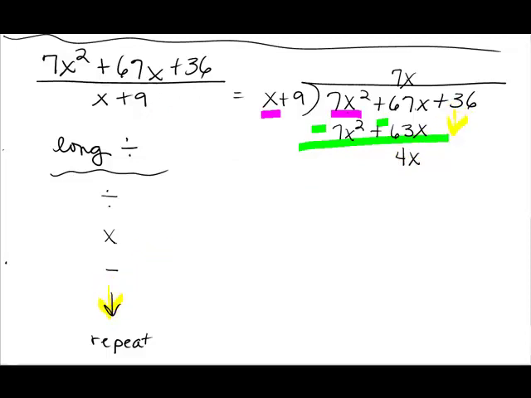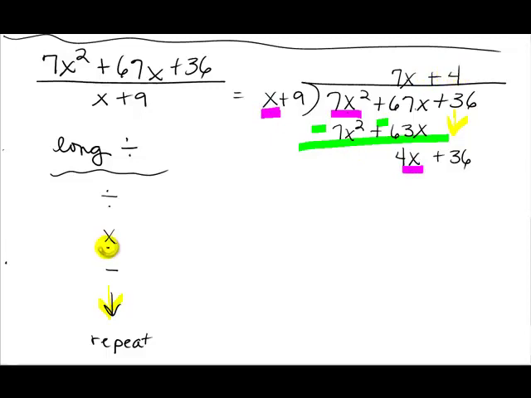So we want to bring down that plus 36. Then again, we're going to focus on the first terms, here and here, and ask ourselves, what do we multiply times x to get 4x?